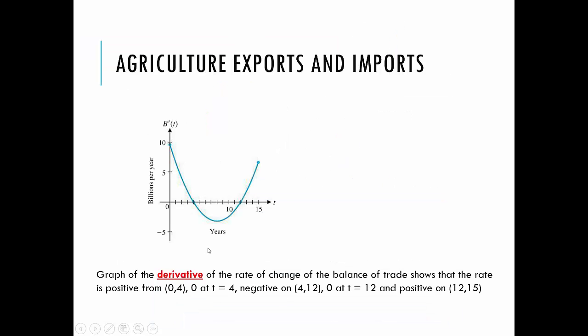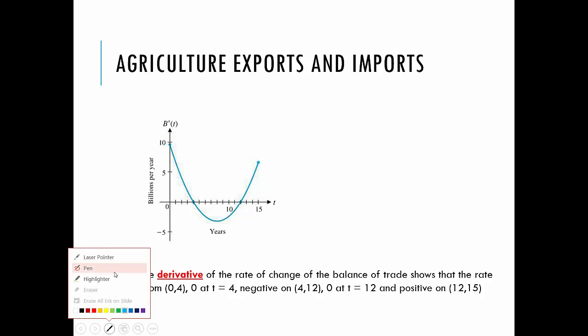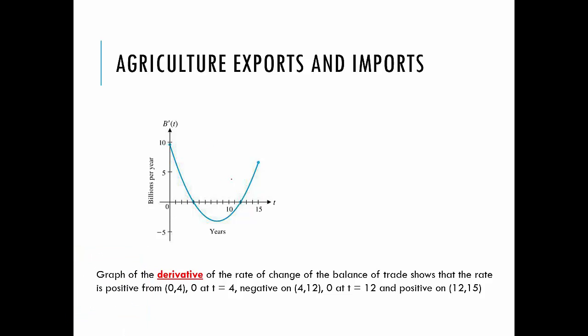All right, so let's look at the graph of the derivative. Notice this is b prime of t. This can get a little crazy for students because when you look at this, you think something's decreasing, but it's not. How you read the graph of a derivative: if you're above the x-axis, or in this case the t-axis, then the derivative is positive.